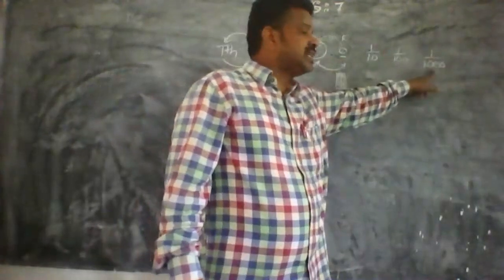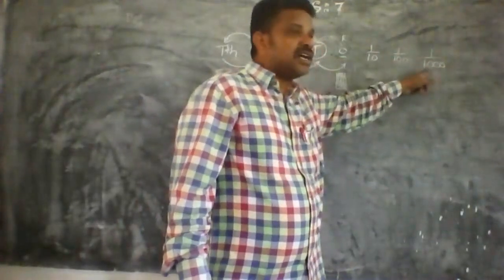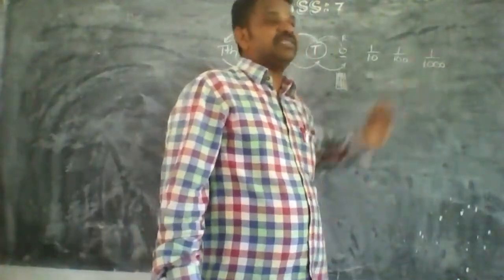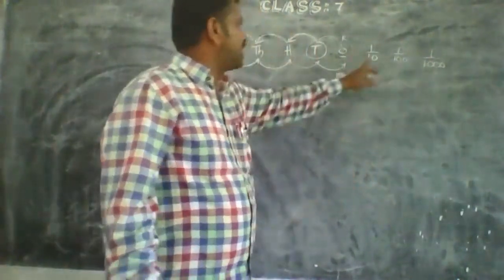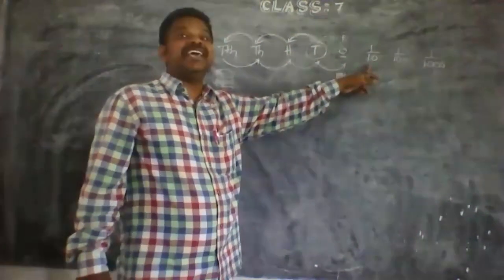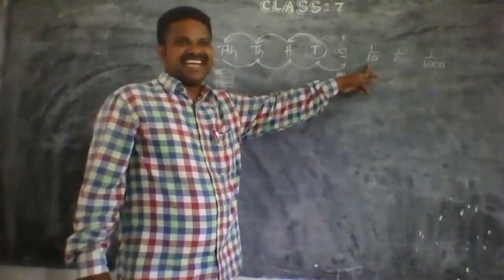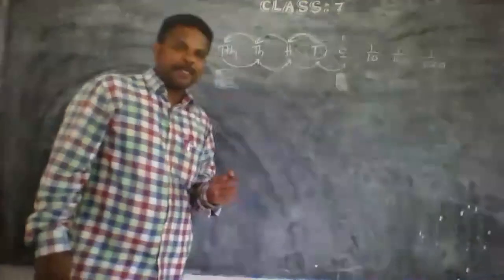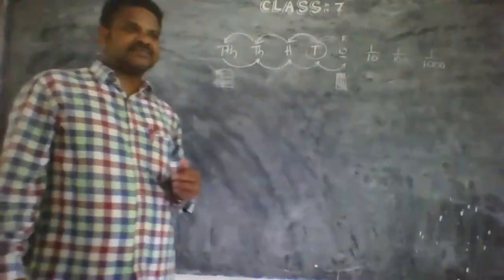The next place is 1/10 part of 1/100, that is 1/1000. 1/10 is called tenths, 1/100 is hundredths, and 1/1000 is thousandths.